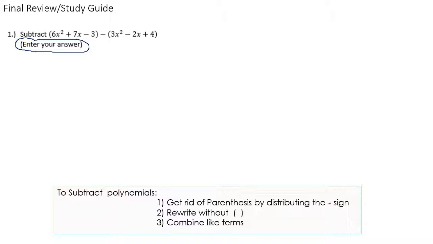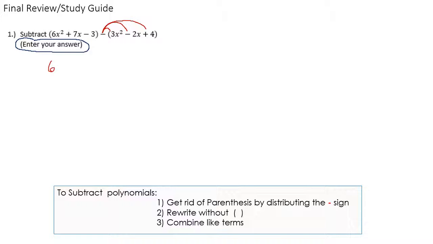In order to subtract polynomials, we first want to get rid of the parentheses. If we're subtracting polynomials, we need to distribute that negative sign to each term in the second polynomial. So we first just want to rewrite everything without the parentheses.